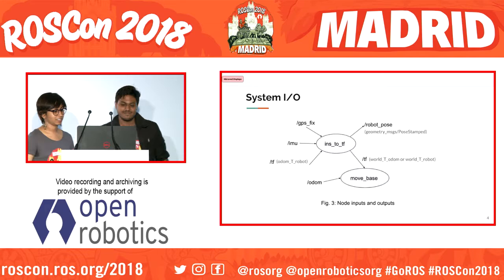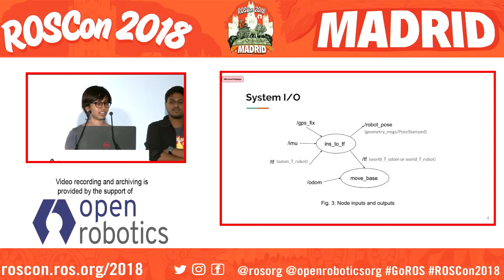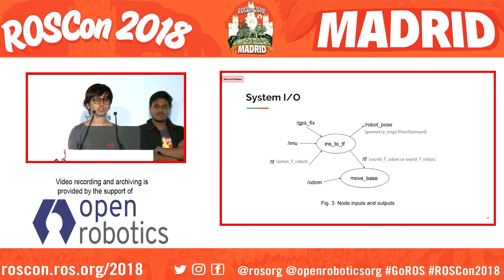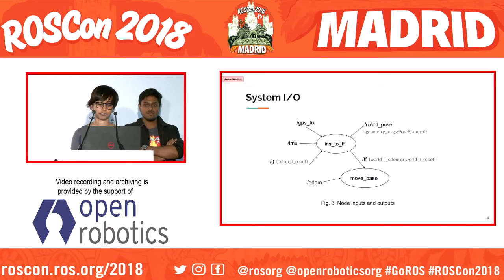Thank you. As Shivan just said, we use INS data, which is GPS and IMU data from a PixHawk, so it's already fused data. We obtain odometry data as well, and TF data mapping the robot to the odometry frame.